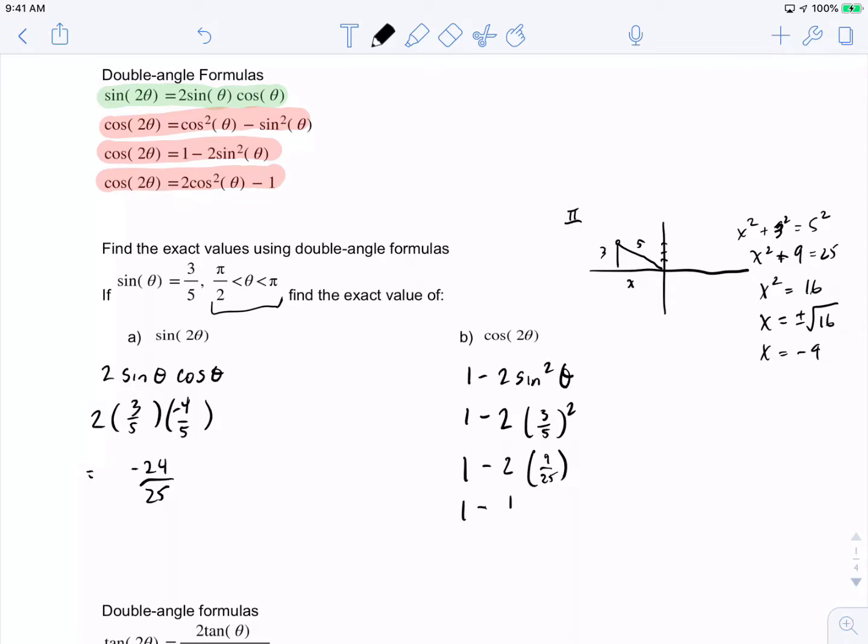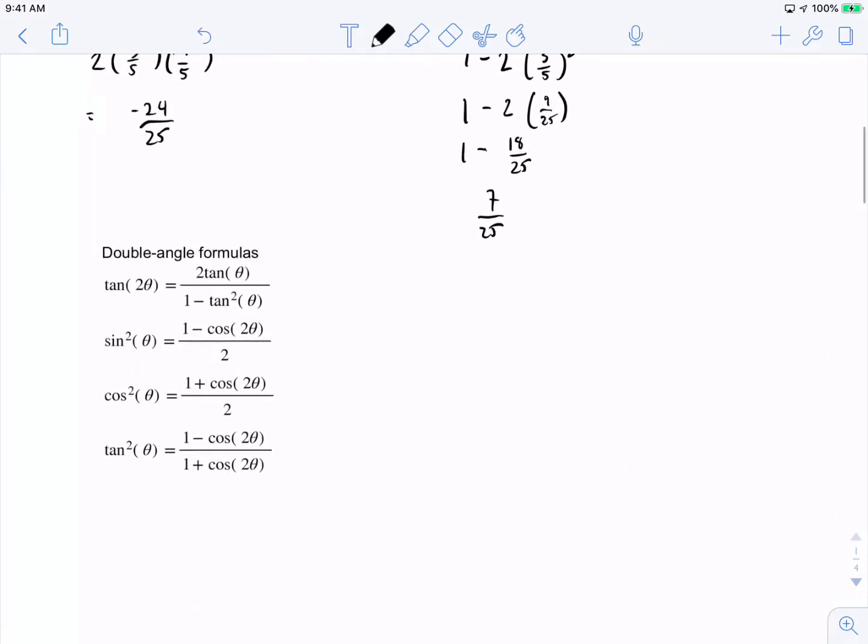And then that's going to be 1 minus 18 over 25, so our solution will be 7 over 25. And that makes sense since we're in the second quadrant. We're going to yield this solution. Okay.